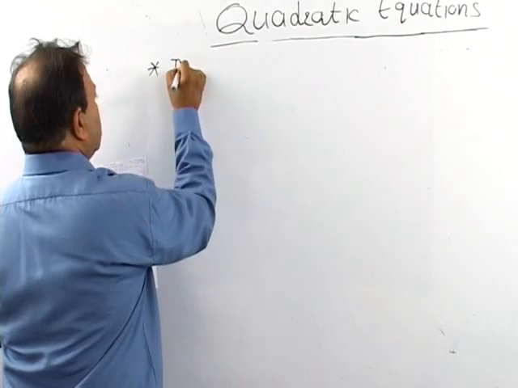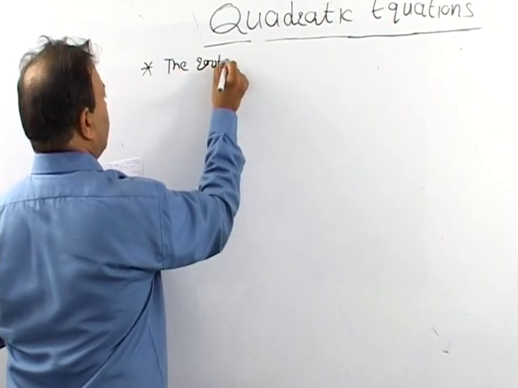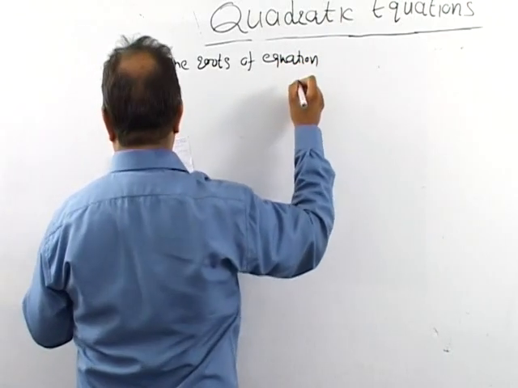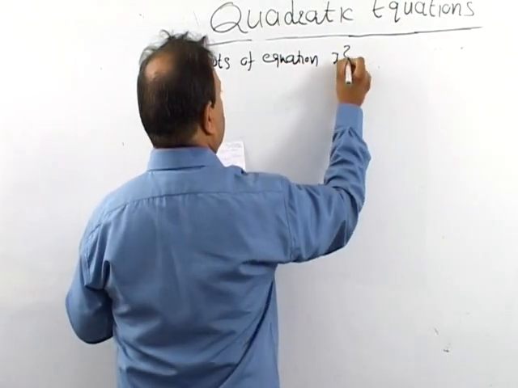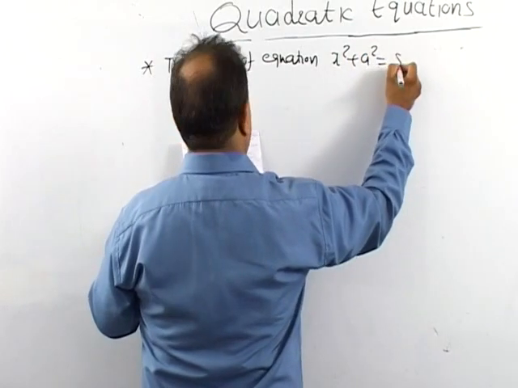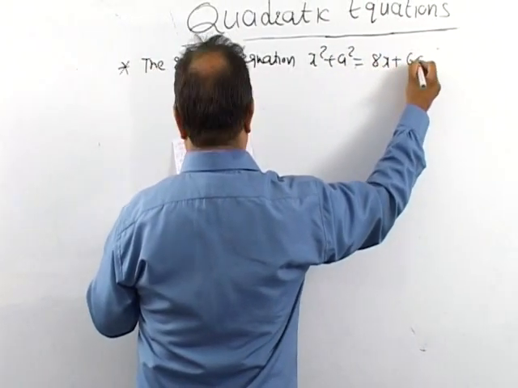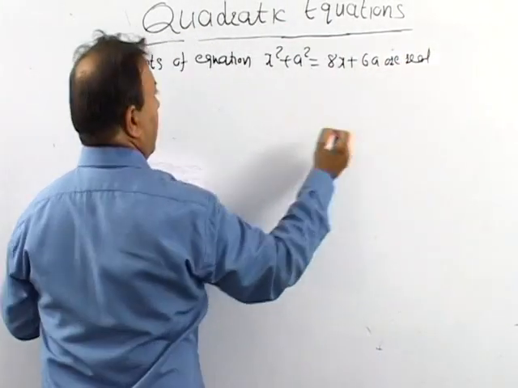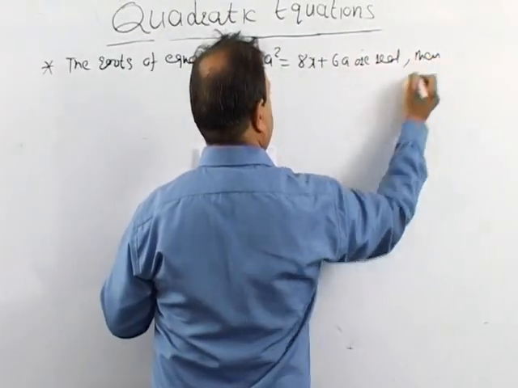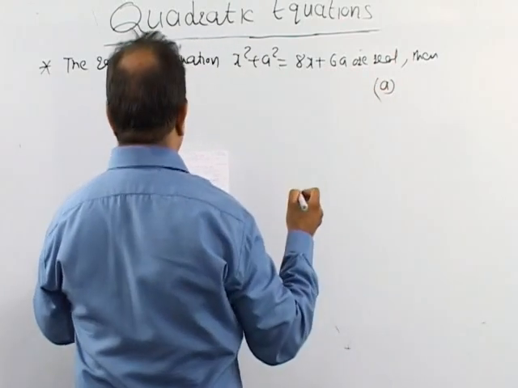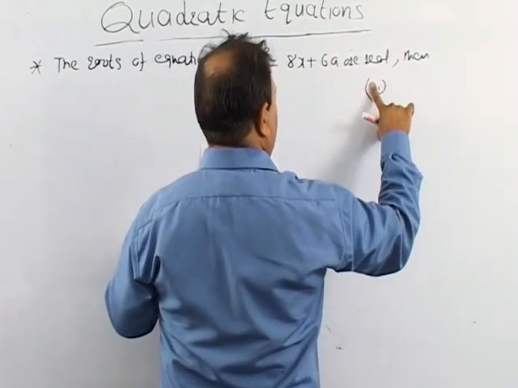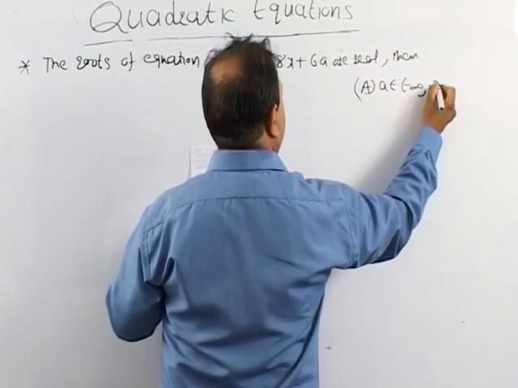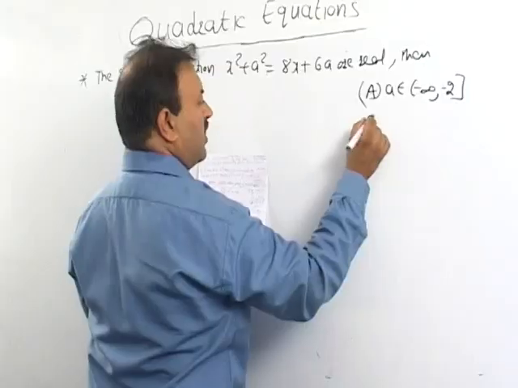The problem is: the roots of the equation x square plus a square is equal to 8x plus 6a are real, then A option we are given is a belongs to minus infinity to minus 2, in the closed interval.